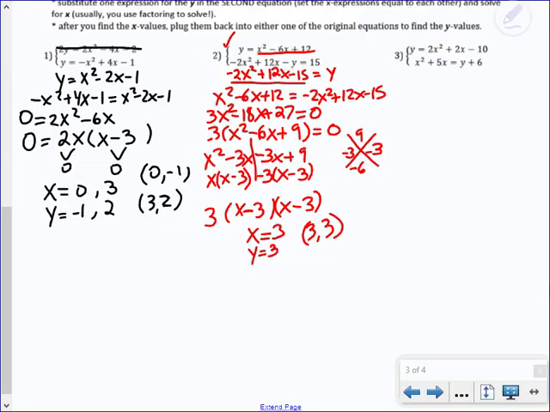Alright, you guys do that. You should get that. Give you a second to reevaluate your work. If not get that, and then we'll move on to the next page.